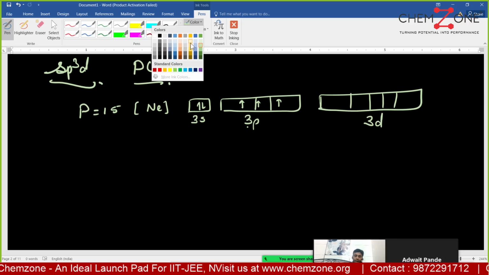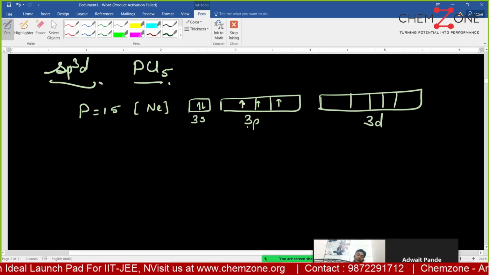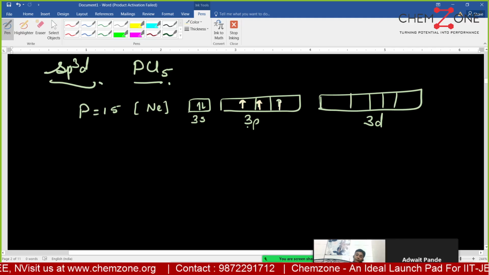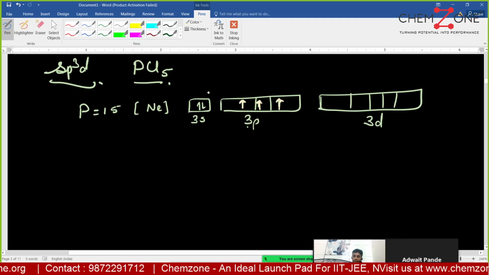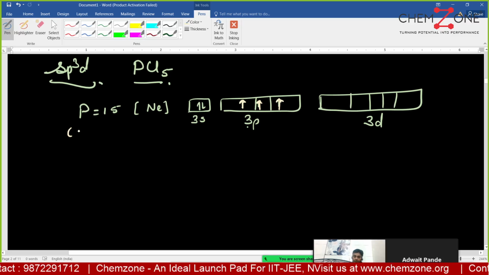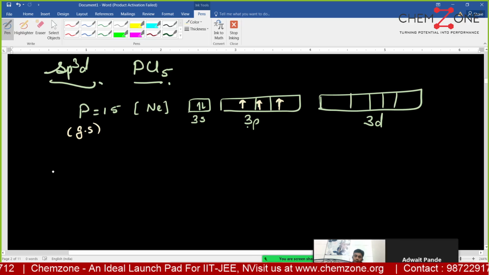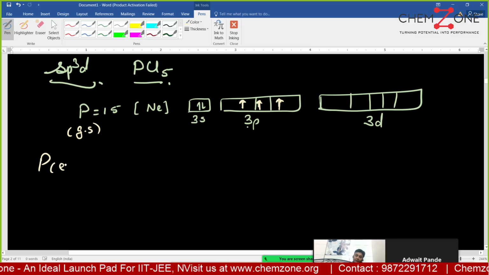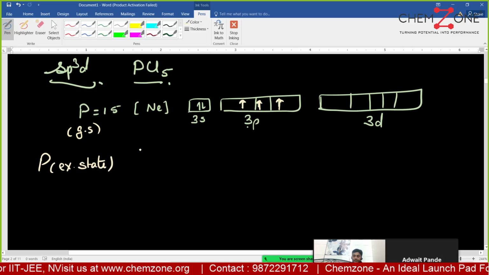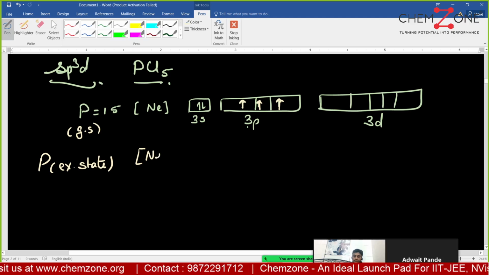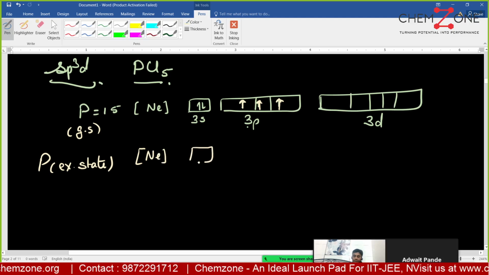And phosphorus is making 5 bonds here, whereas we have these 3 unpaired electrons. This is the ground state electronic configuration, and this is the excited state, neon complete.